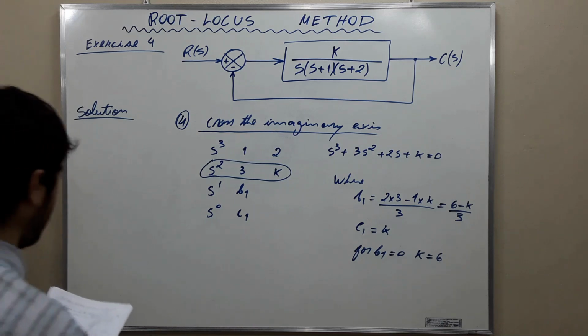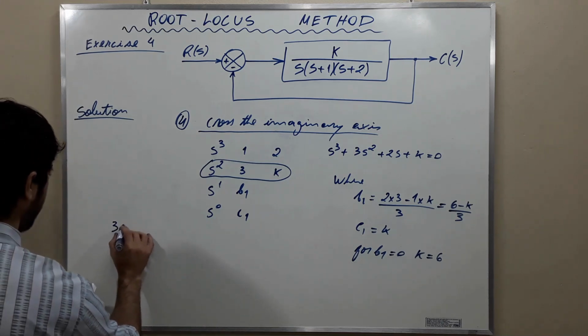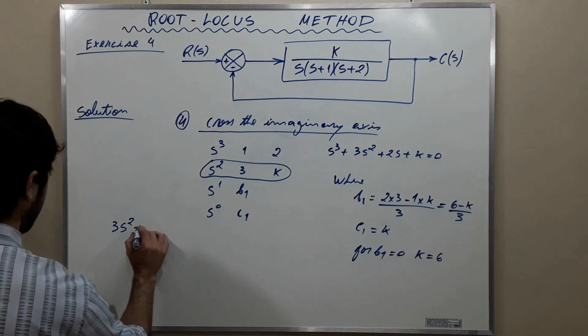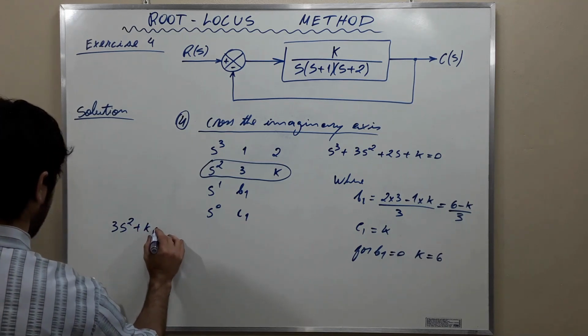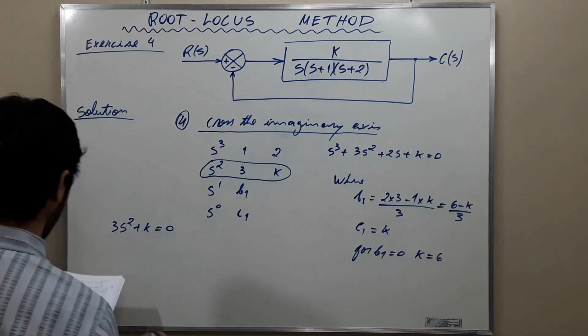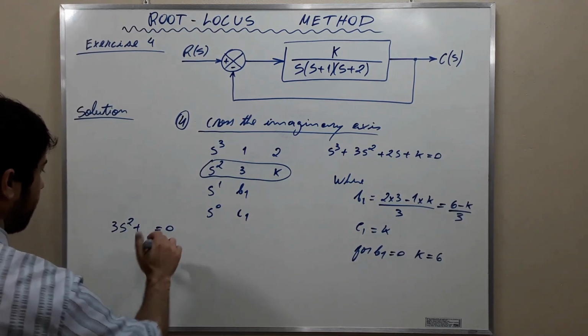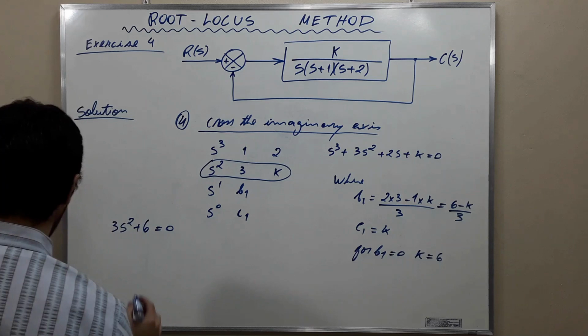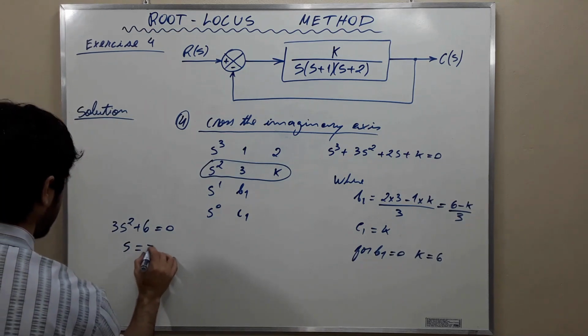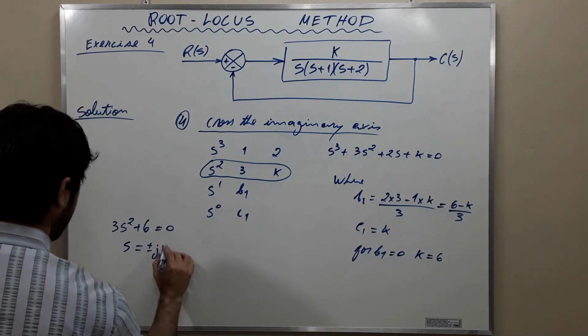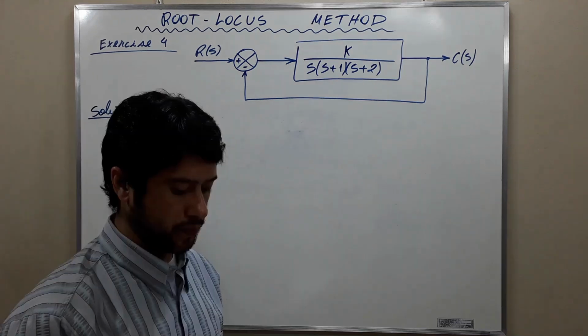The auxiliary equation is 3 times s squared plus K equal to 0. Since K is 6, we get that s is equal to plus or minus j square root of 2.